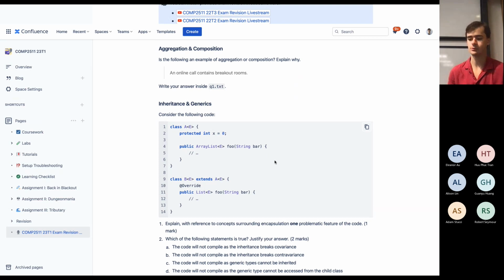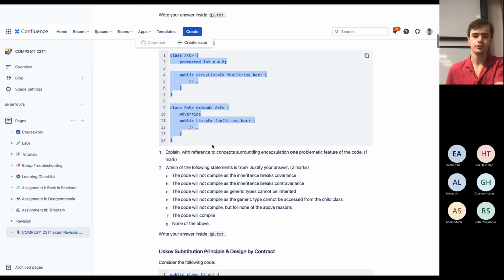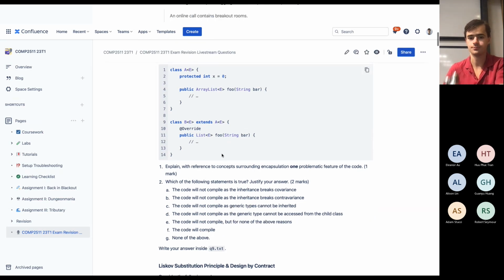You'll need to be familiar with this stuff. The main way to do that is just practice and go and code up some stuff. If you don't understand this particular example, go and copy the code, get it compiling in your local IDE, and play around with stuff until it works, and Google a bunch of things because there's heaps of documentation online. So explain, with reference to concepts surrounding encapsulation, one problematic feature of the code.